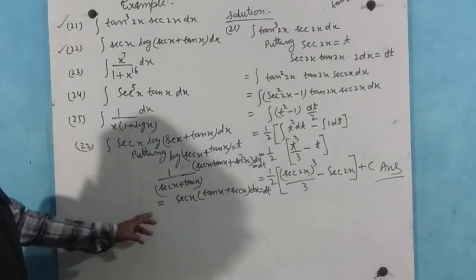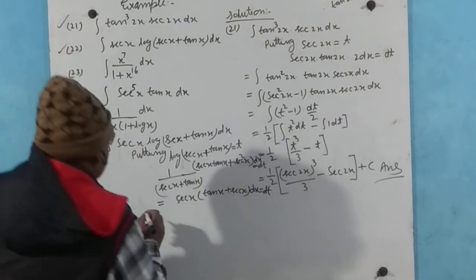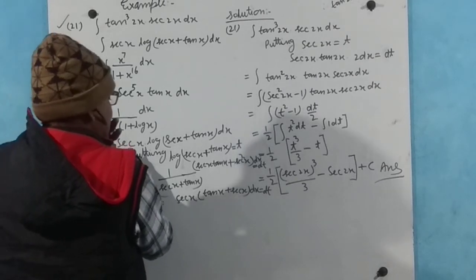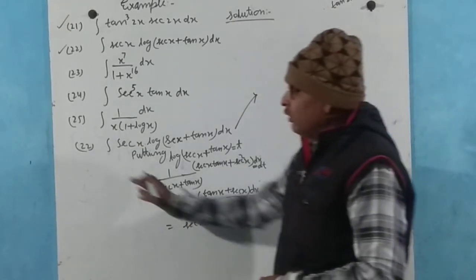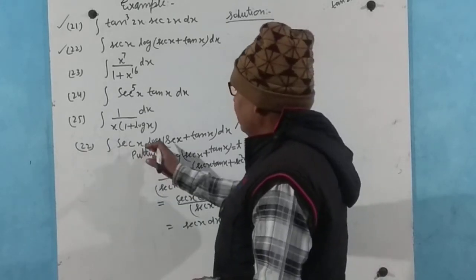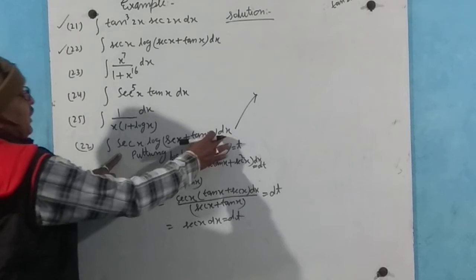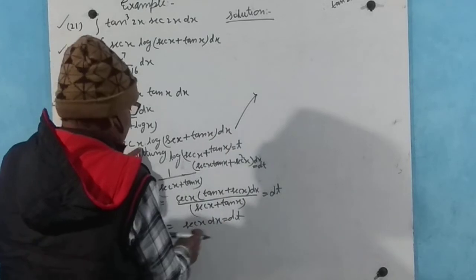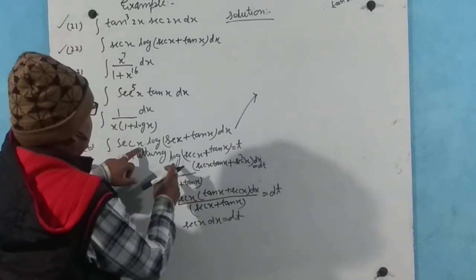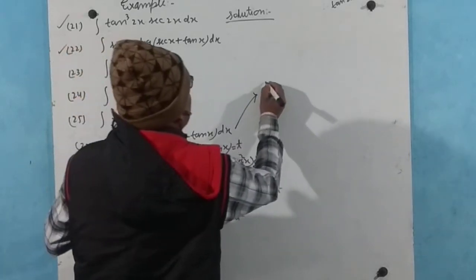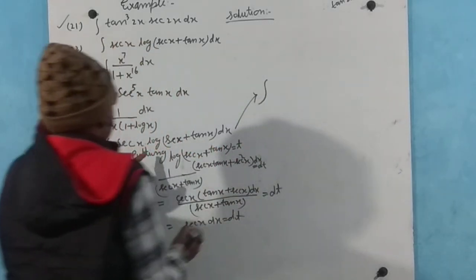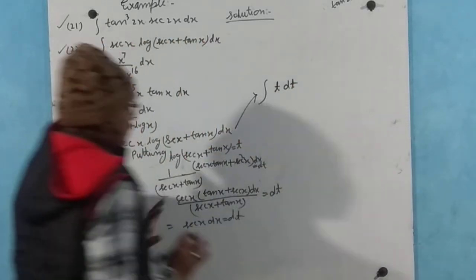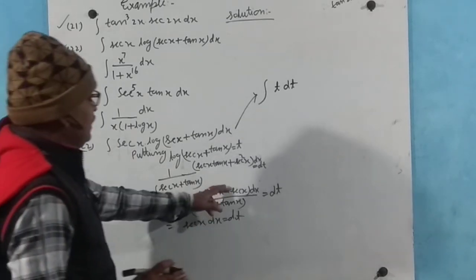Now putting this in our question here, integration of sec x log sec x plus tan x dx, sec x dx equal to dt, and log sec x plus tan x equal to t, so that this is equal to integration of t dt, because this and this cancel.